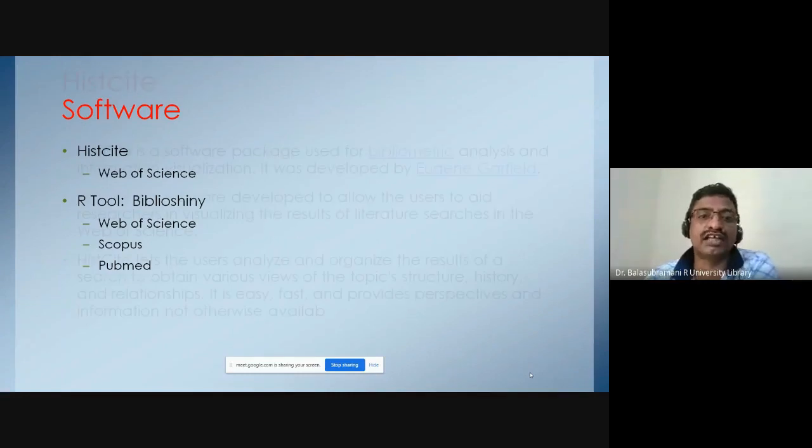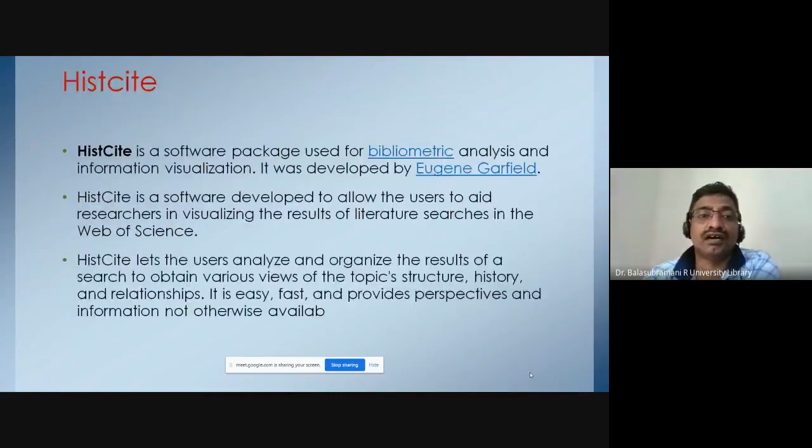This software, as you know, was developed by Eugene Garfield. It is for bibliometric analysis and information visualization. He was a library and information science professor, but right now he is no more. HistCite is software developed to allow users and research scholars to visualize the results of literature searches in Web of Science alone.